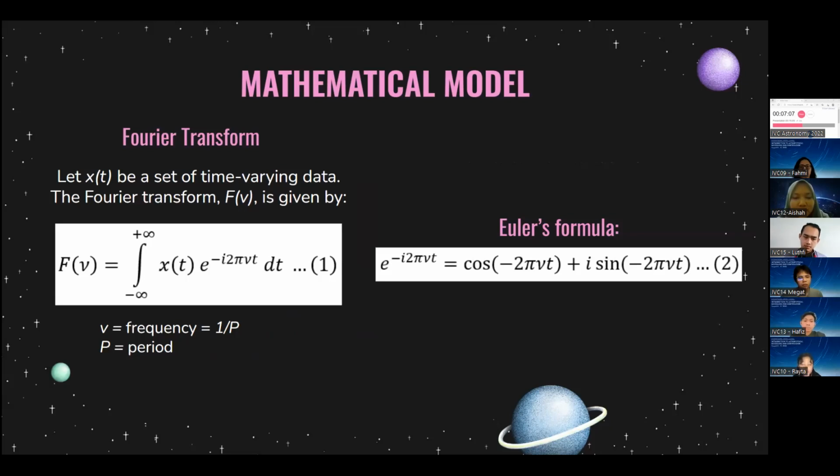We can also represent the complex component seen in the exponential function using Euler's formula in the second equation. So now we have the mathematical model, and it's time for us to discretize our model so that the computer can understand it.